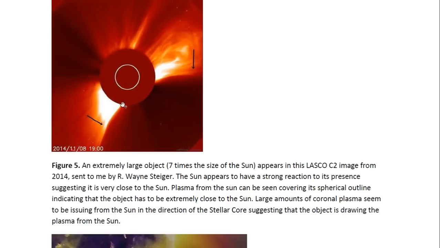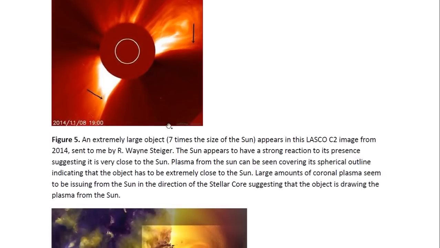You can see some of it actually in front of the object, and we can thus place it extremely close to the Sun. So in this image, what we see is large amounts of coronal plasma issuing from the Sun in the direction of the stellar core, suggesting that the object is drawing the plasma from the Sun.